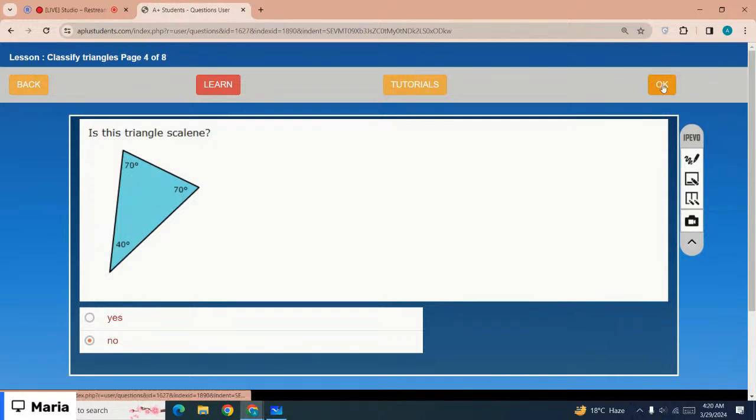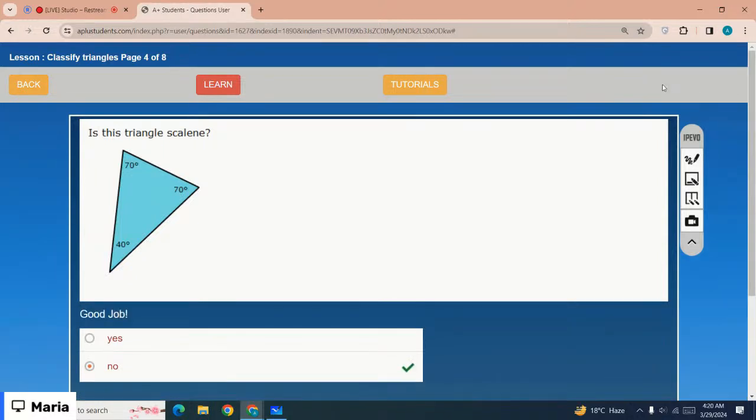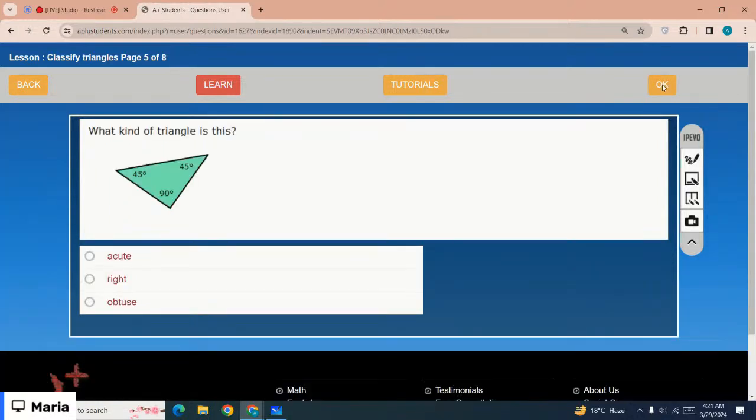Scalene triangle is the one that has all three angles different in measurement. Yes, that is a right angle triangle.